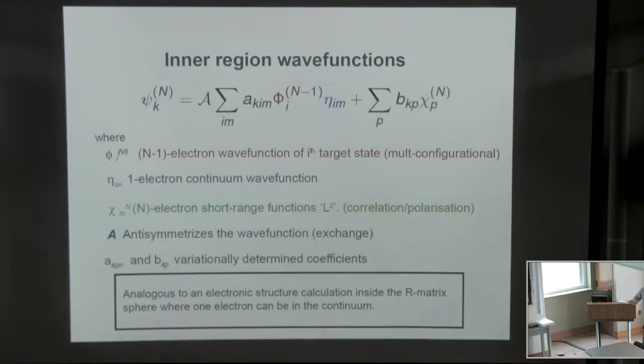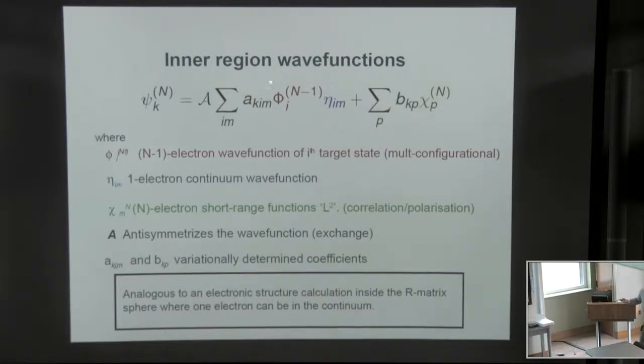A lot of the physics, again, Jonathan gave a nice introduction to this, comes in the R-region wave functions and exactly how you construct them. Just to briefly remind you, they're constructed in an expansion over target states. Let me call them ionic states because I'm looking at photoionization.